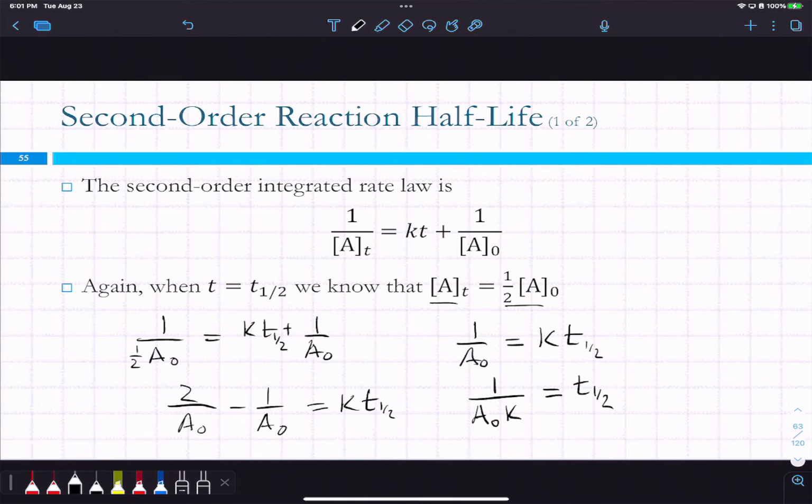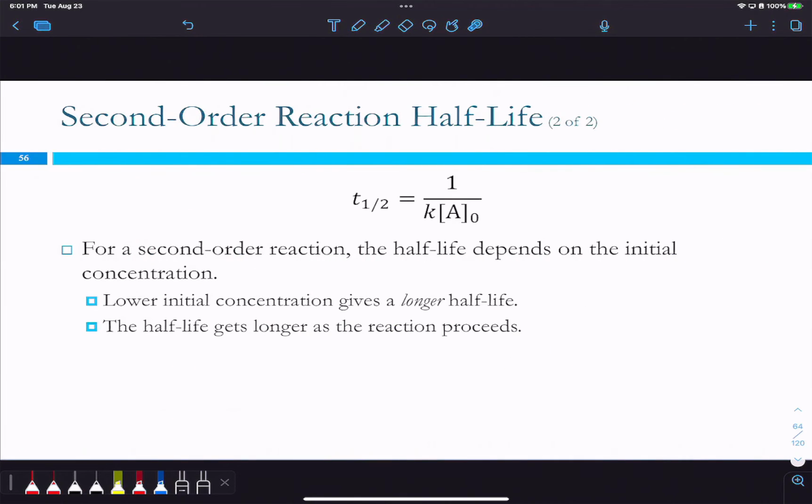I'll show that a little bit better later, but you can still use this to calculate half-life. Or if you have the initial concentration and you have the half-life, you can use it to calculate K. So there it is again.